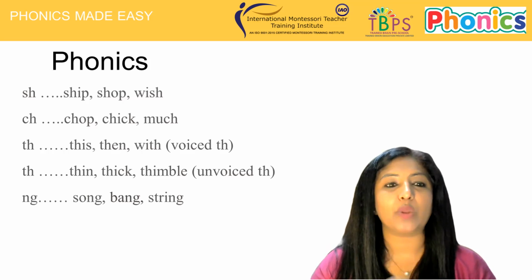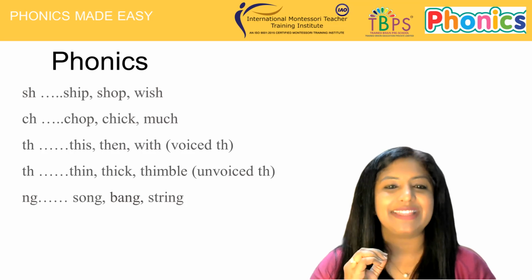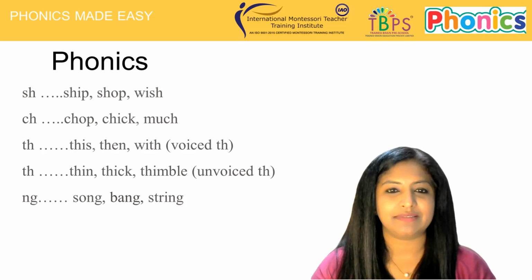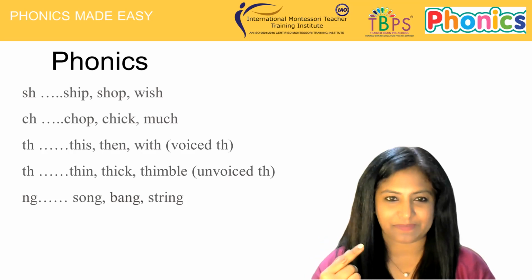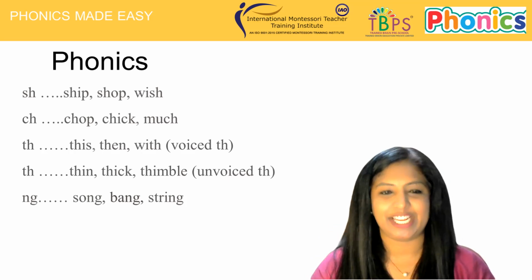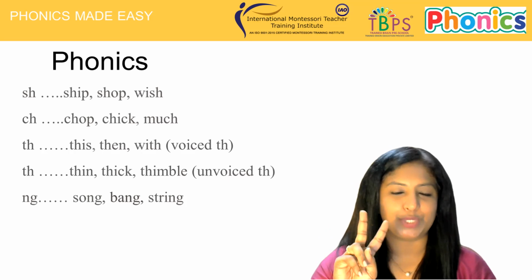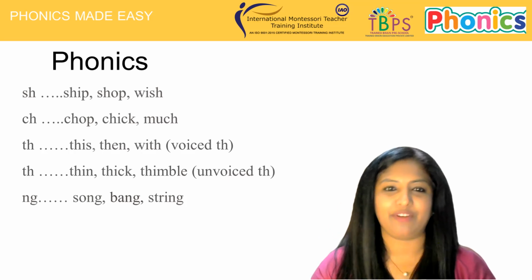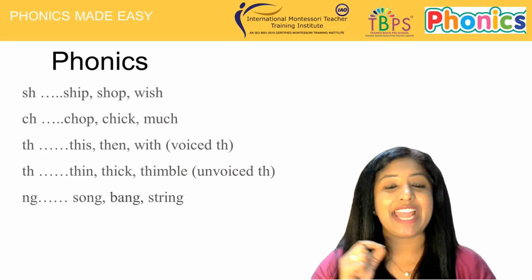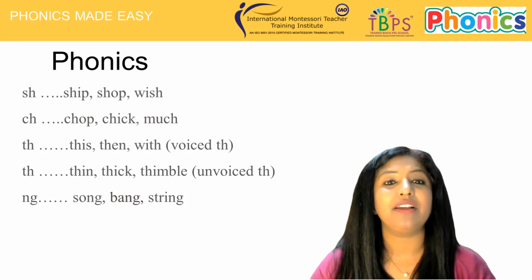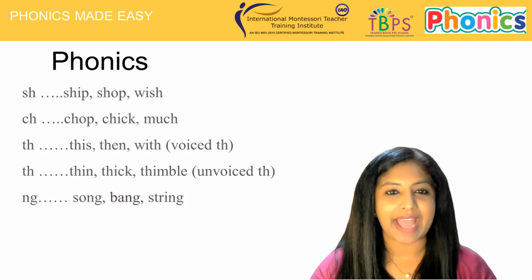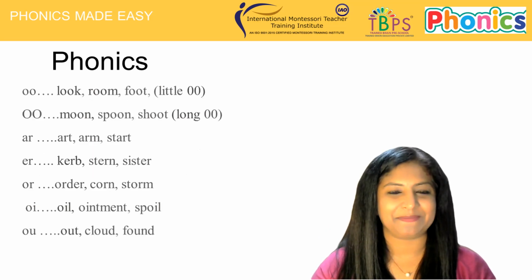When it makes the sound as in this, that, with, it's a voiced sound. So it is voiced TH. So TH has two sounds, voiced and unvoiced. When we have N and G together, they make the sound ng, as in song, bang, string.